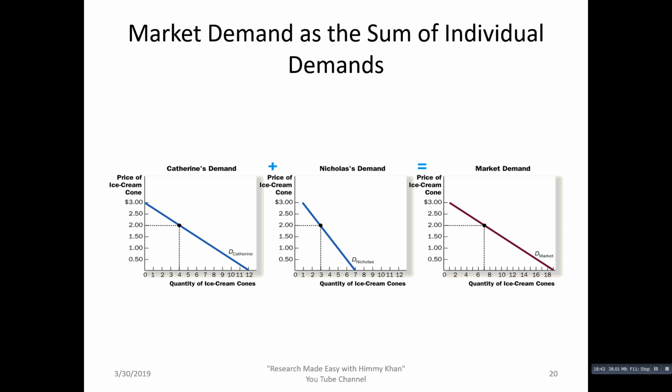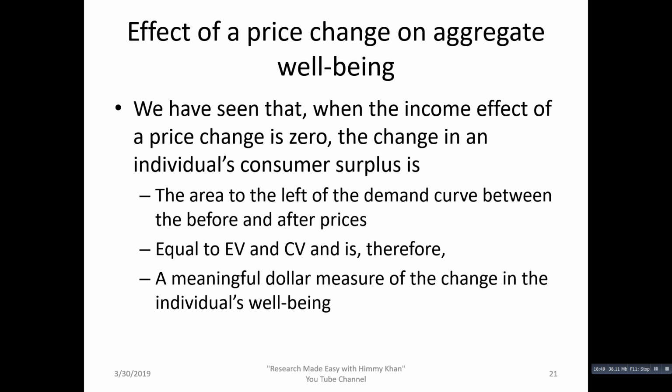Effect of a price change on aggregate well-being. We have seen that when the income effect of a price change is zero, the change in individual consumer surplus is the area to the left of the demand curve between the before and after prices, and that is equal to equivalent variation and compensating variation, and is therefore a meaningful dollar measure of the change in the individual's well-being.